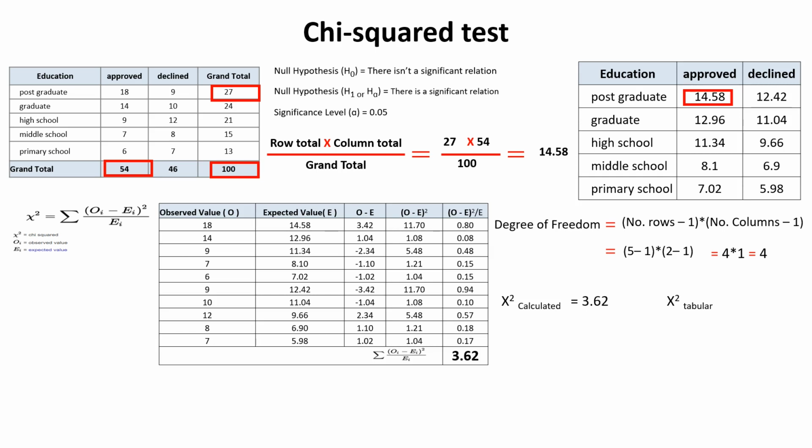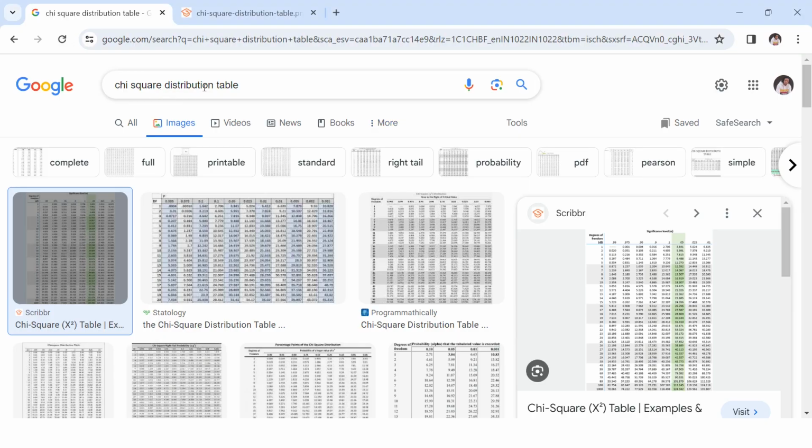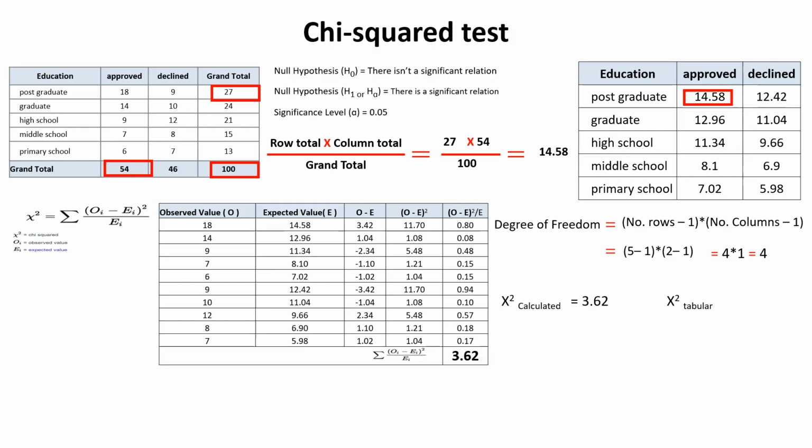Now for this we need to find the chi-square tabular value. To find that, simply go on Google and search chi-square distribution table, and you can open any of these. I have just opened the first one. Before we dive into that, let's understand we require two values to look for a chi-square value in the table.